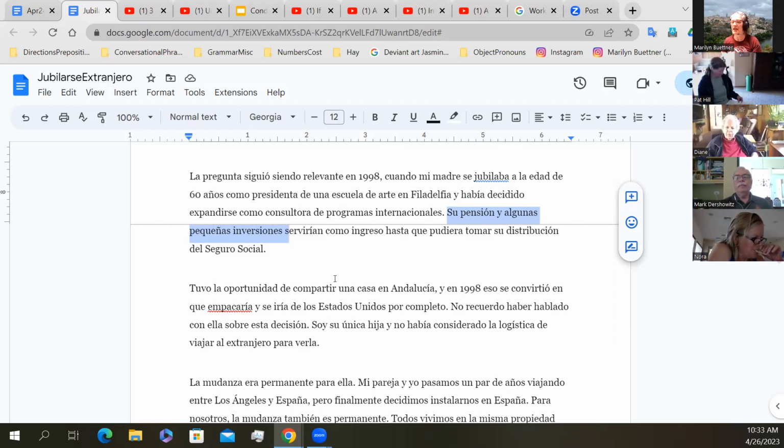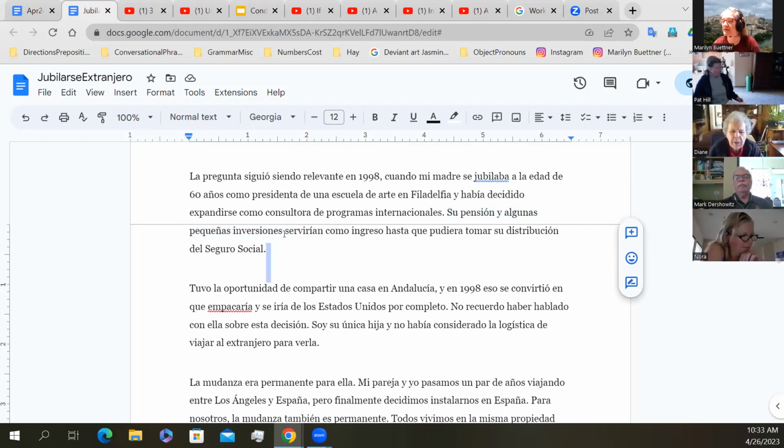That's super helpful. Inversión is investment. Her pension and small investments. But here we've got a useful conditional, would serve. Hypothetically, would serve as income, ingreso.